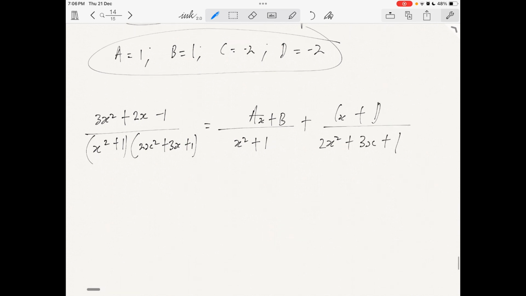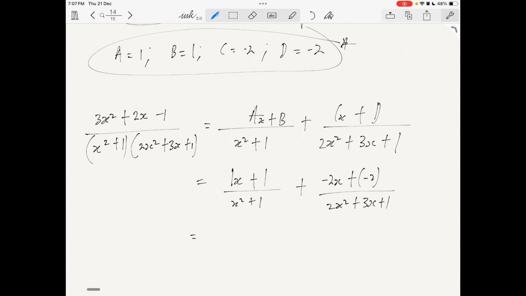Now with this, we can substitute our values for a, b, c, and d. So my a is 1x, my b is 1 divided by x squared plus 1. My c is minus 2x, and my d is minus 2 divided by 2x squared plus 3x plus 1.